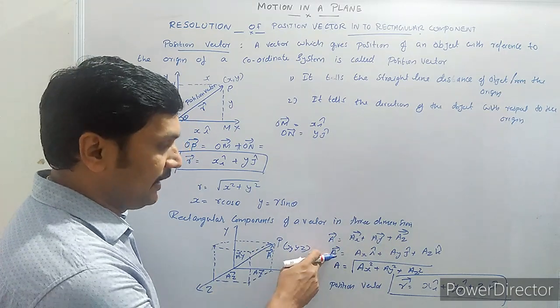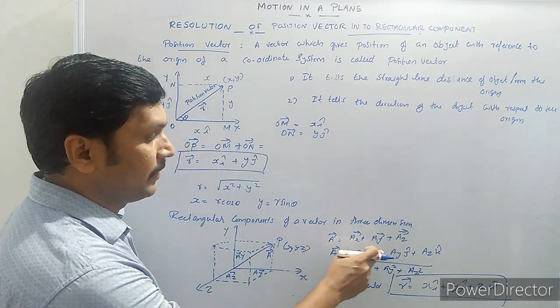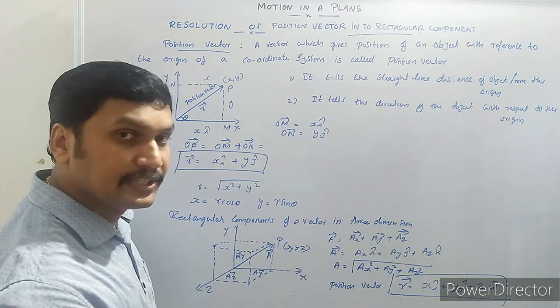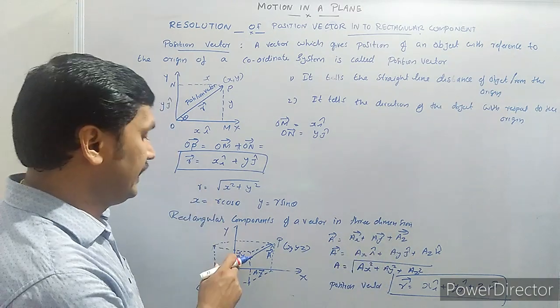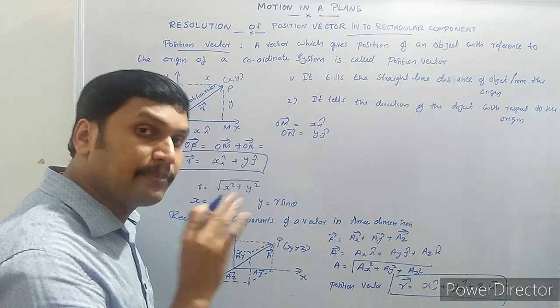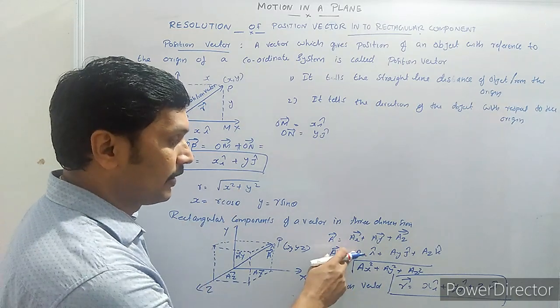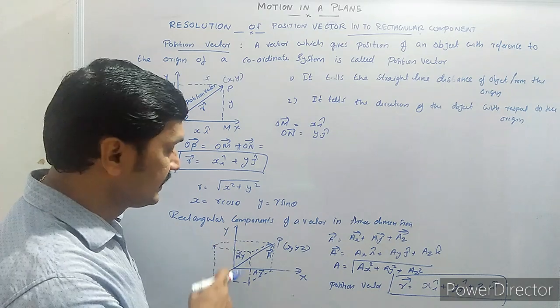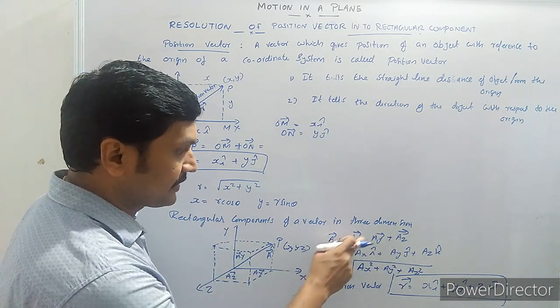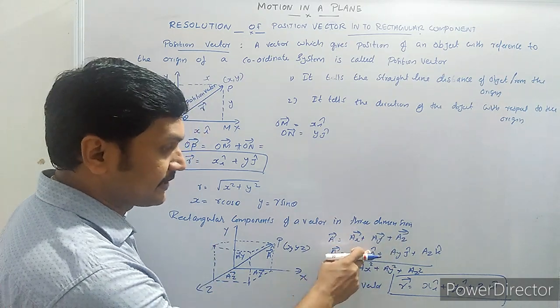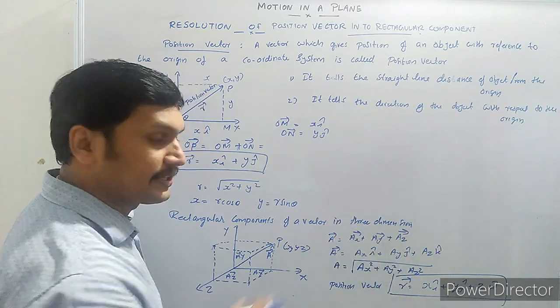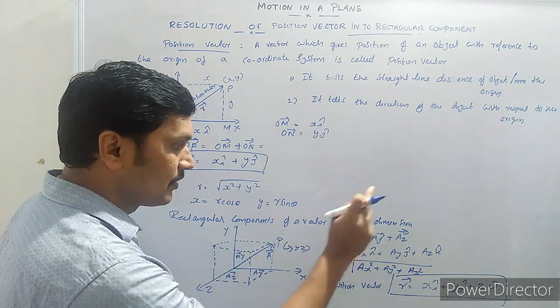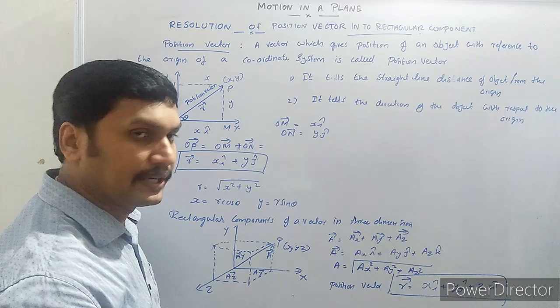Or vector A is equal to axi plus ayj plus azk. Now this vector A is resolved into 3 mutually perpendicular vectors, one along the x-axis, another along the y-axis and the third along the z-axis. Axi, ayj and azk are the x, y and z components of this vector.